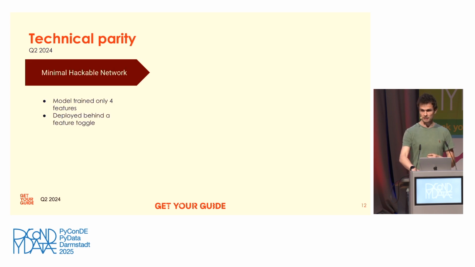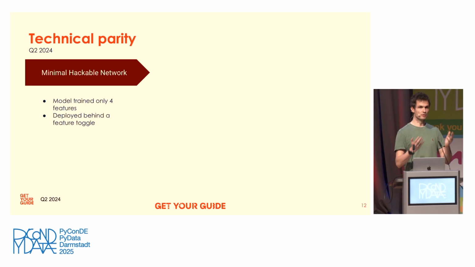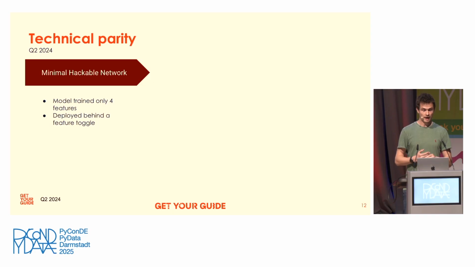For that, we started with a minimal hackable network. The whole team spent 2 focus days pairing together to get that happening. We ended up with a very narrow network trained on just 4 features instead of the 50 that we use for the tree-based model, and we were able to deploy it behind a feature toggle to do internal testing.